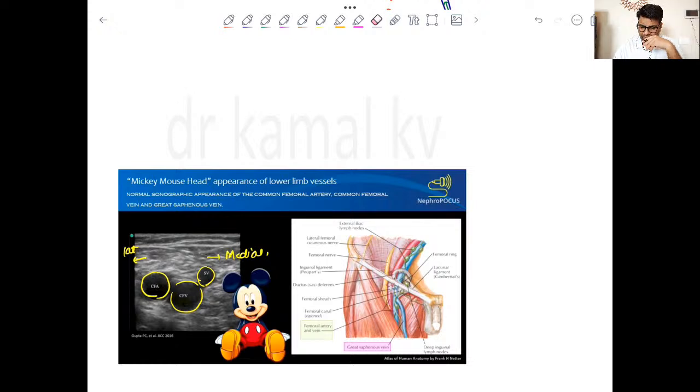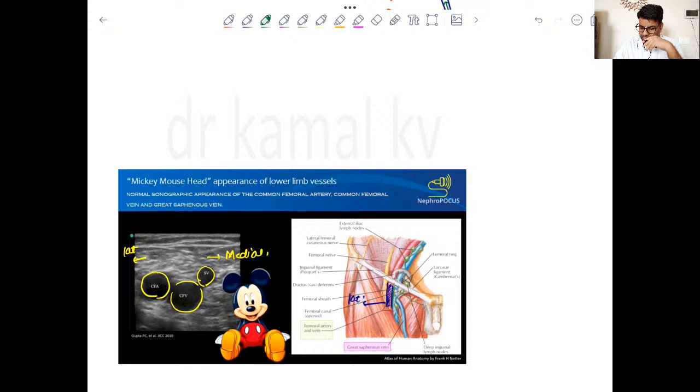Even if you look in the image, you can see this is the femoral artery, and in relation to the femoral vein, it is of course lateral. Clear? And then this is the femoral vein here.